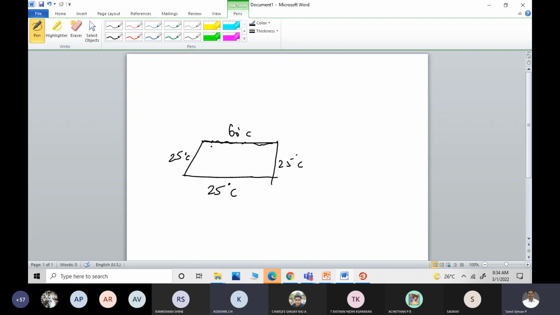Now, usually this surface will be divided into equal parts like this, and you will have so many interior points.